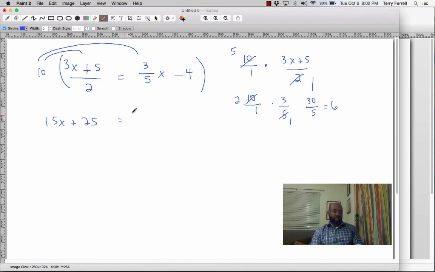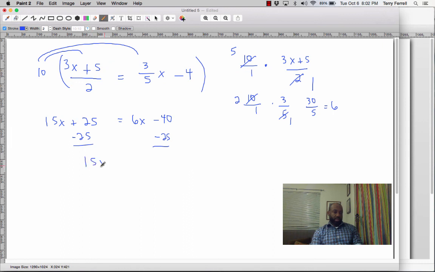There we go. So this should be 6x, and then 10 times 4 is minus 40. Now it's regular, whatever regular is. Let's see, subtract 25, and I'm tired and ready to go to sleep now. Alright, minus 25, that's gone.